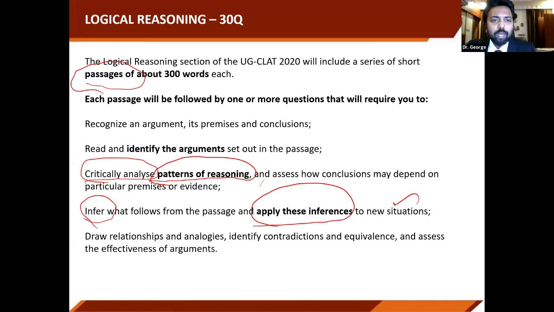When your class starts tomorrow, I think you'll get a lot of clarity, because now that I've set out the agenda as to what is required as part of each module, starting off tomorrow especially with logical reasoning and quantitative techniques, what we propose to do is take a look at the previous questions, basically CLAT 2020.